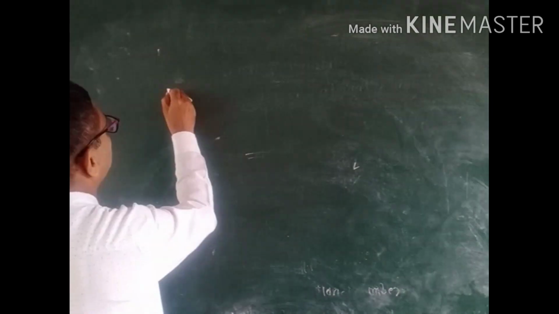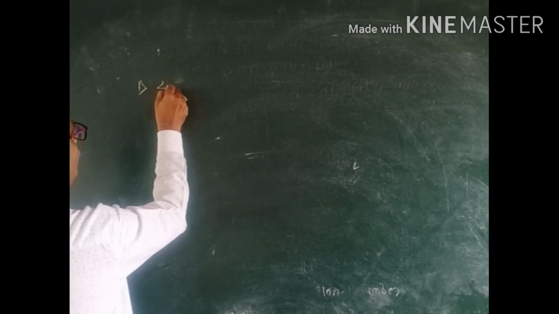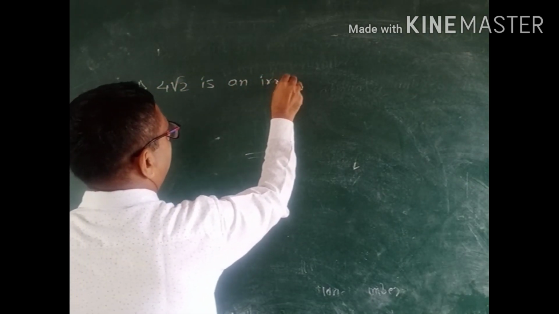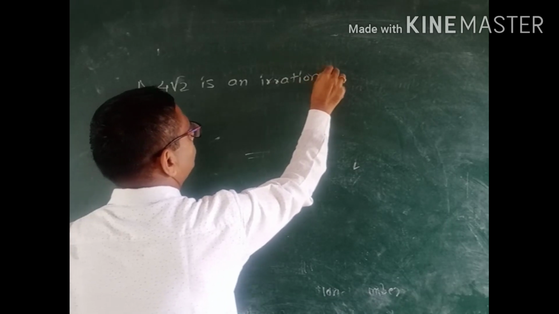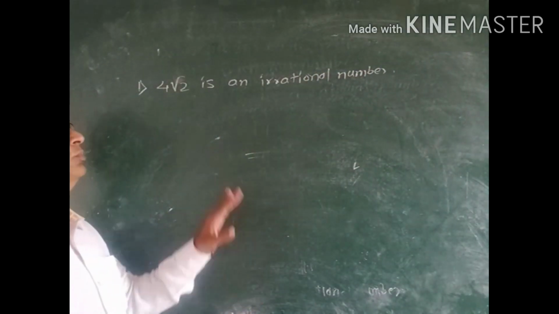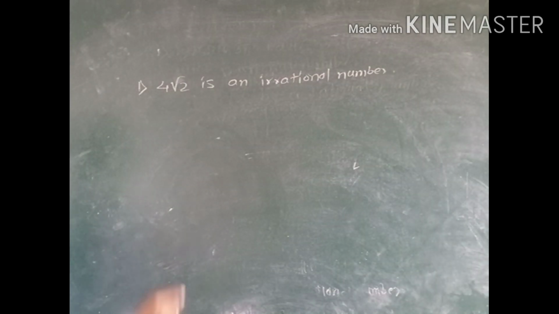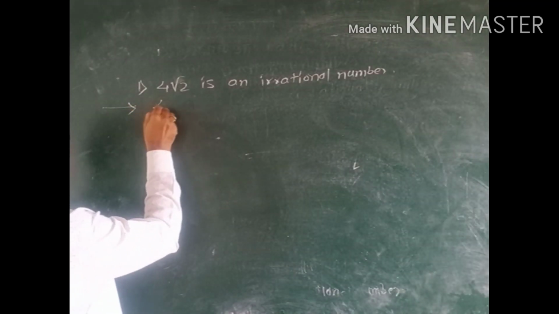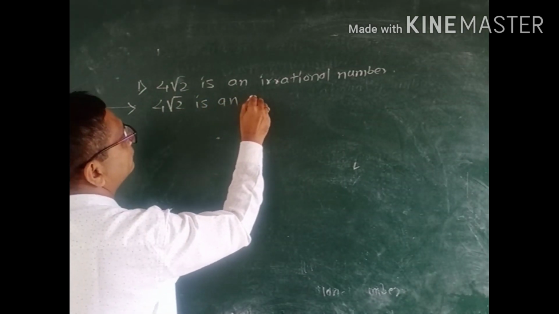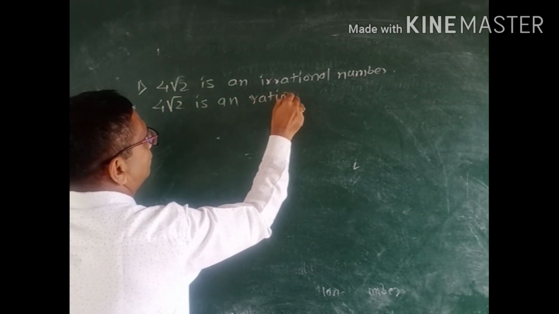Here, let's prove in question number 1, 4 root 2 is an irrational number. We have to prove that this is an irrational number. But initially, we have to assume that it is a rational number.